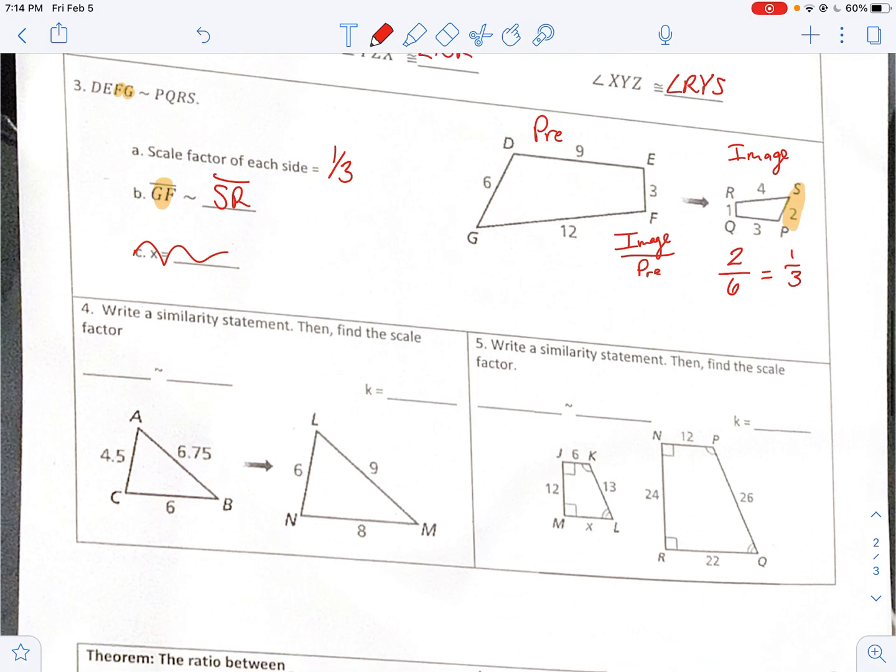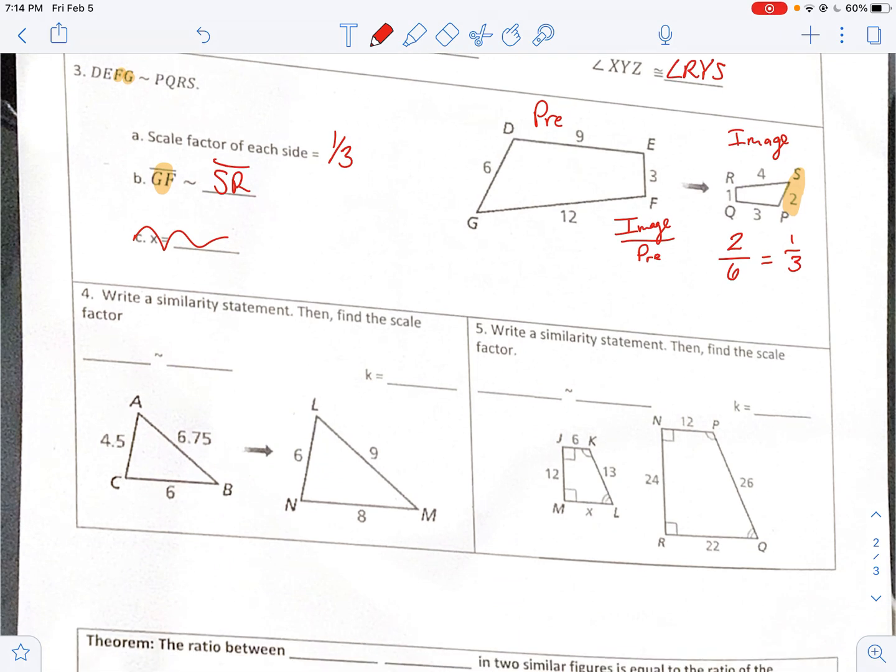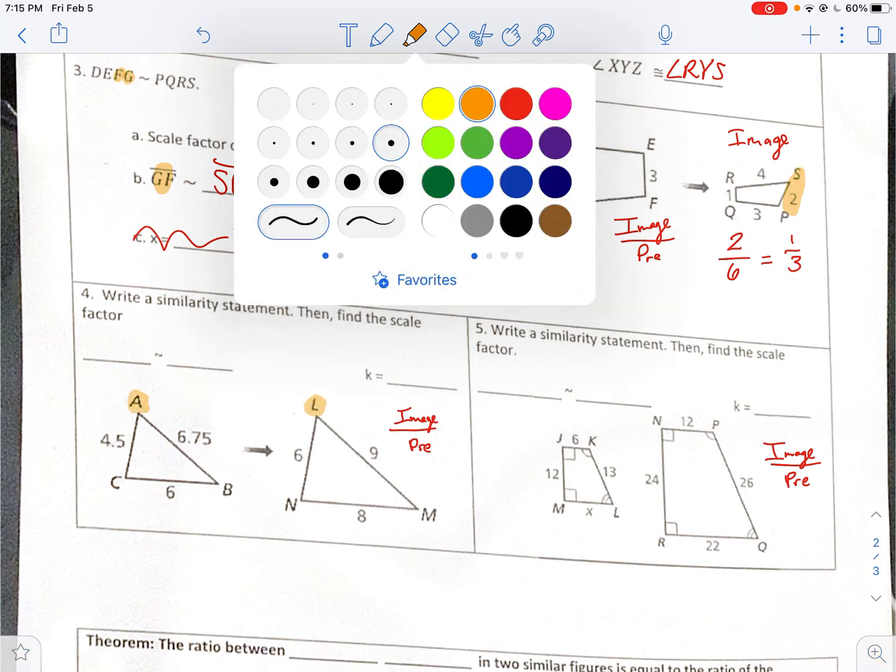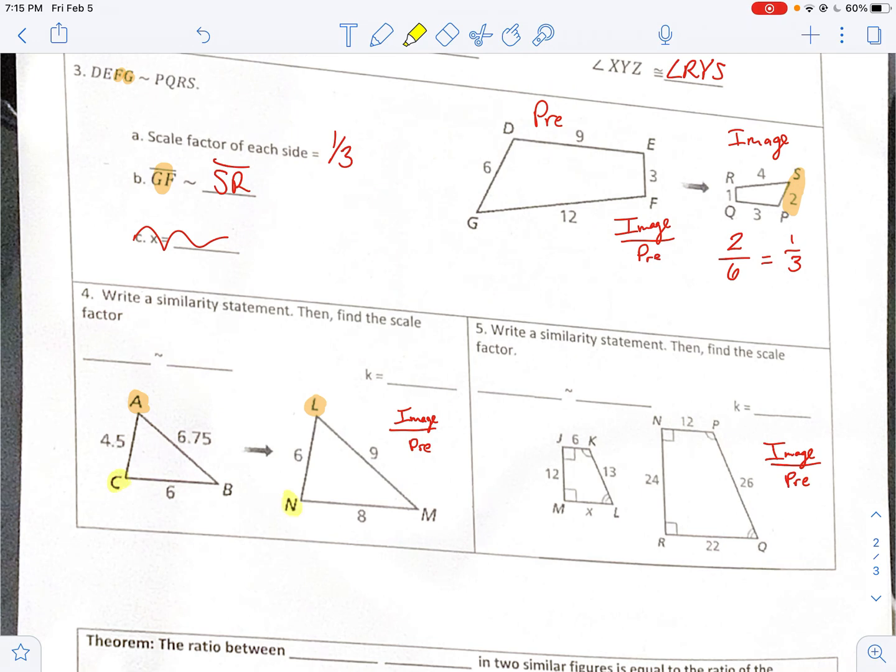In our very last two problems, we're going to write our similarity statement, and then we'll find the scale factor. So remember, it's always image over pre-image. And to write your similarity statement, just find the corresponding letters and make sure that when you name the figure, you put those in the same order.